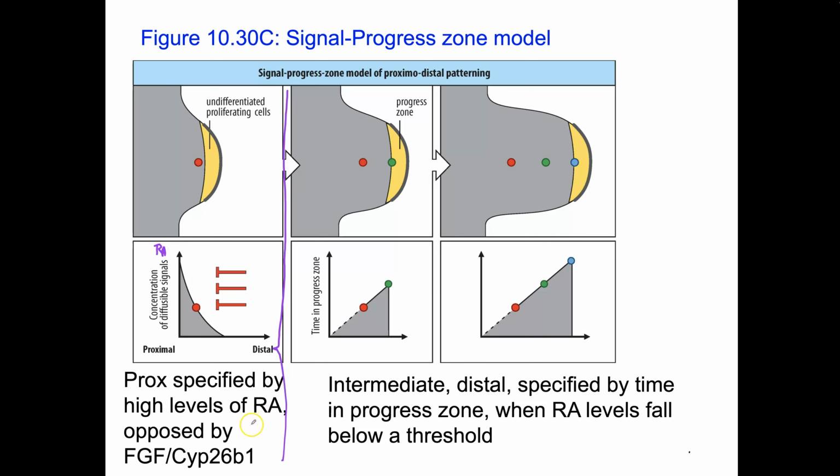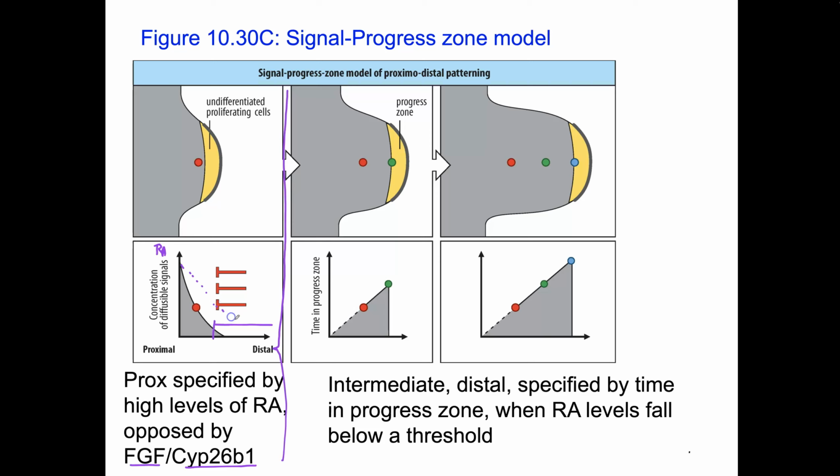And this retinoic acid signal is opposed by FGF from the apical ectodermal ridge and a protein called CYP26B1. It inhibits the signaling, and so the repression is coming all the way along from the distal side, and that confines the retinoic acid gradient just to the most proximal region. So it doesn't extend all the way across.